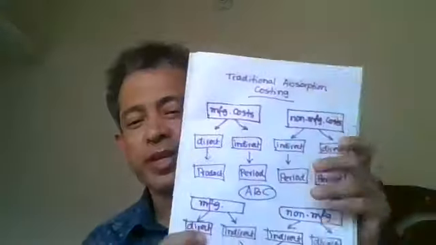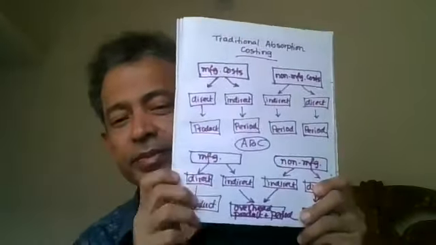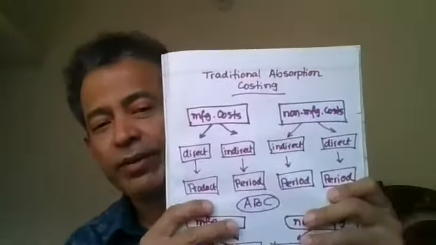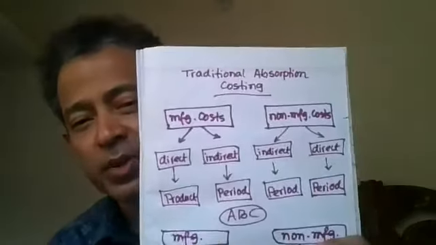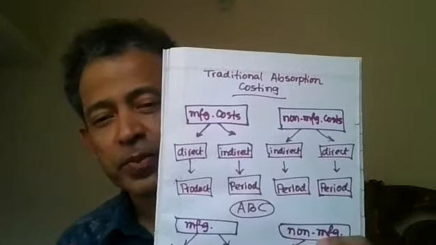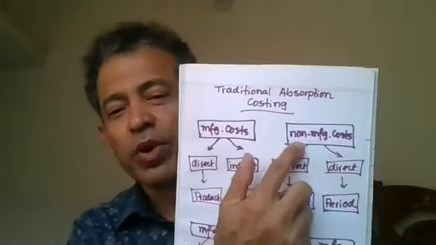All right. So here is a diagram extracted directly from the textbook. You can see here, the top half is about the traditional absorption costing systems, meaning job and process costing. So we have manufacturing overhead and non-manufacturing overhead.